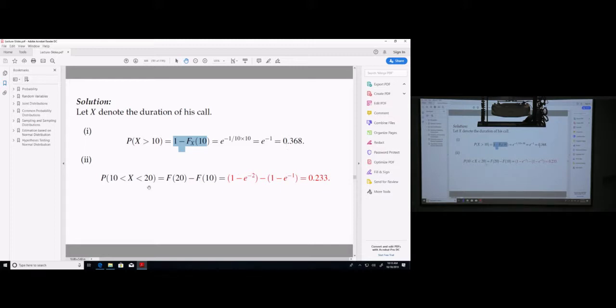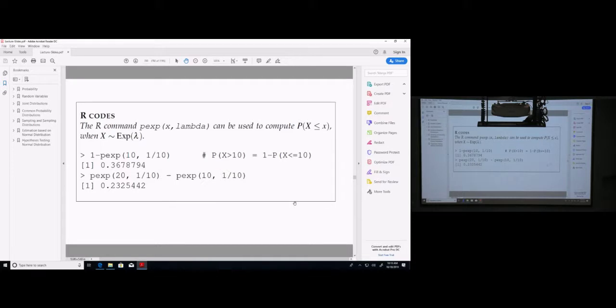And if you need to wait between 10 minutes to 20 minutes, this is just plugging into the formula. And for F20, because I still have minus 1/10, but now I have to times 20, so as a result I have minus 2 here, and this has been found earlier. So this worked out to be something like 23%, all right?